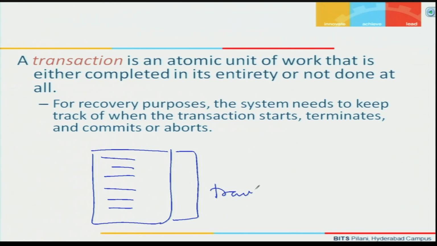The major property of this transaction is that either all the instructions or operations of a transaction are successful, or it is not done at all. It is not the case that only three of these are successful and the remaining are not done. That is not the case with a transaction. It is an atomic unit of work that is either completed in its entirety or not done at all.